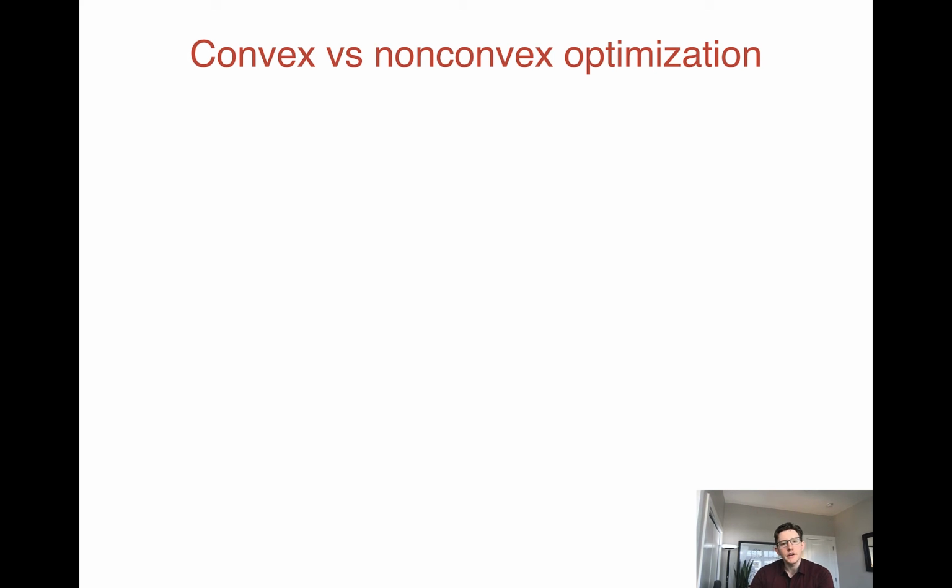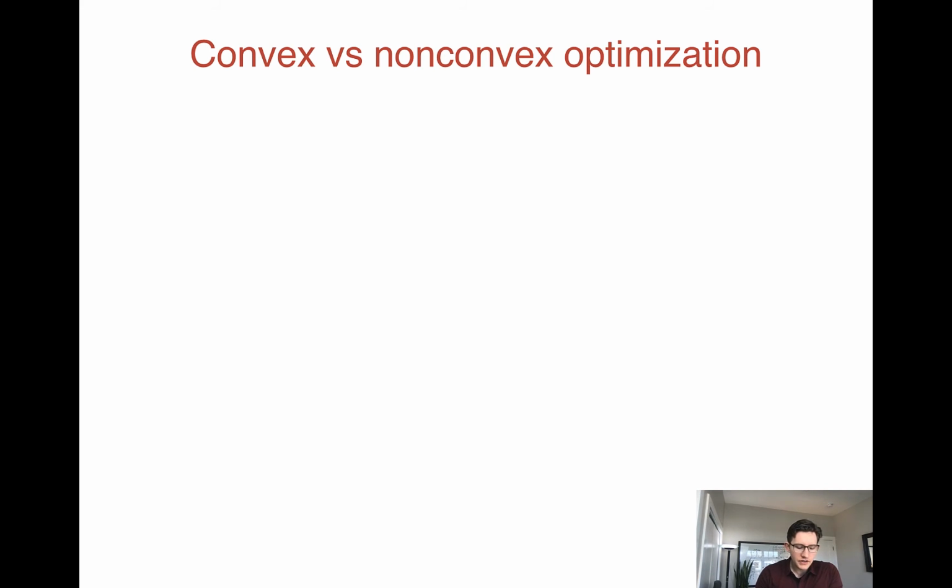Another criterion is whether we're looking at a convex or a non-convex function. Defining convexity and its application to optimization is a little outside the scope of this course, but very informally, a function whose second derivative is always positive is a convex function.